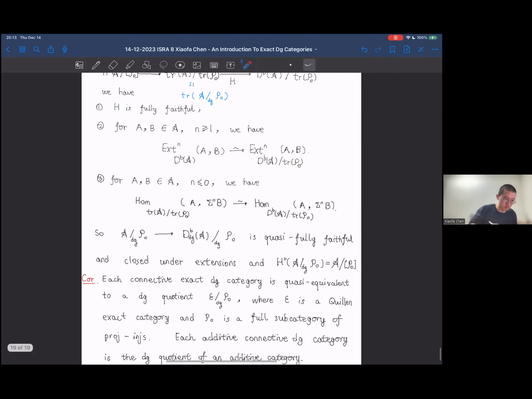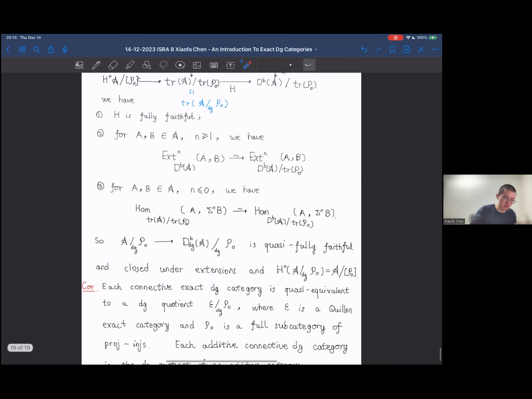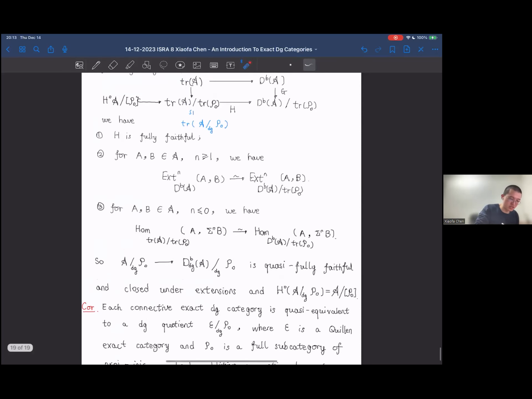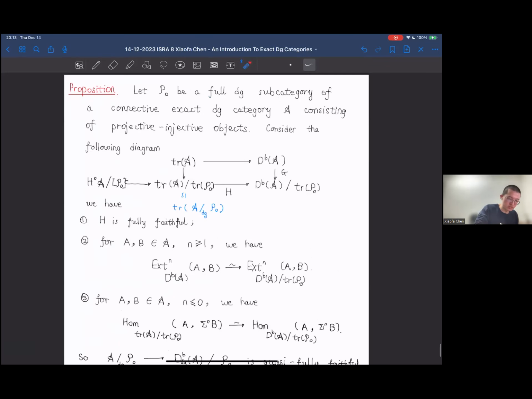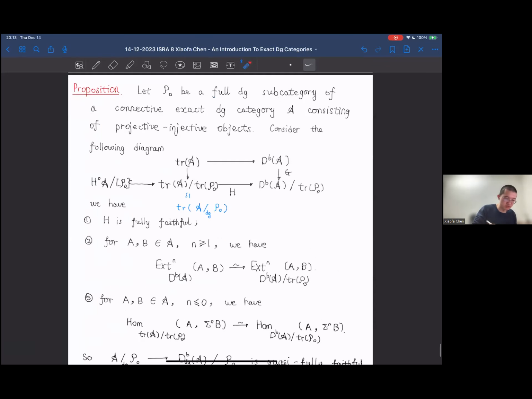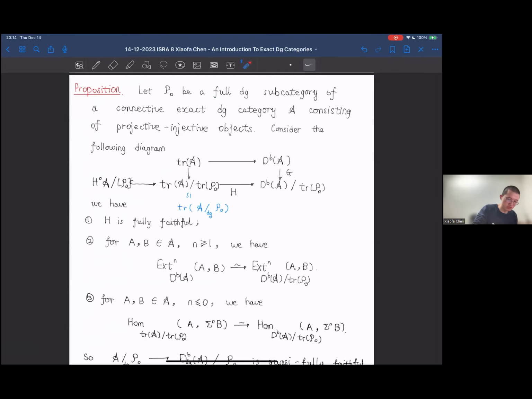We need this proposition. We consider a connective exact DG category A and a full subcategory P0 of projective injectives. Then we have this commutative diagram.